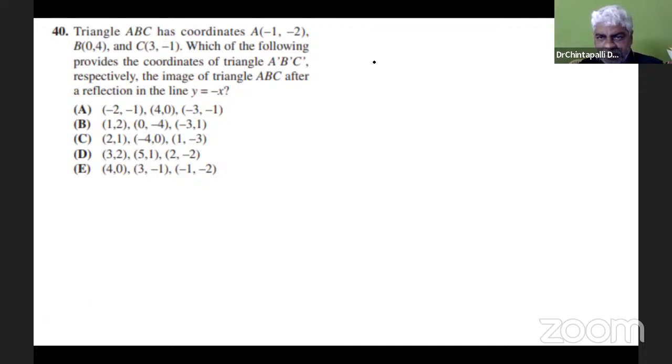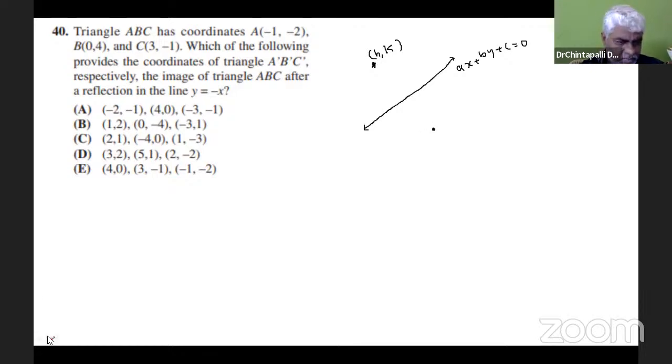See, this is a point h, k. Do remember this formula. This is a line whose equation is ax plus by plus c is equal to 0. Now, the image of this point with respect to this line is here.